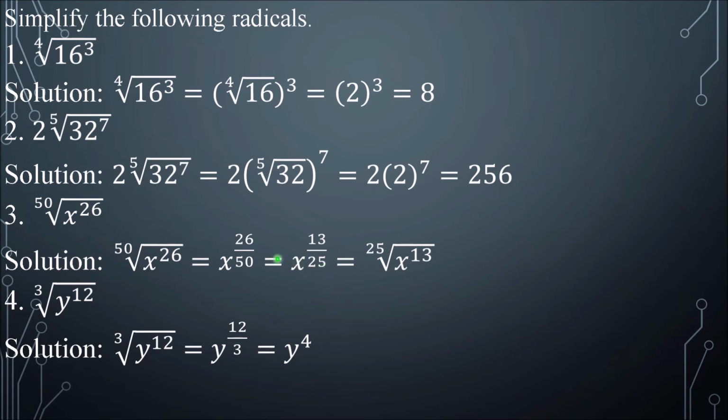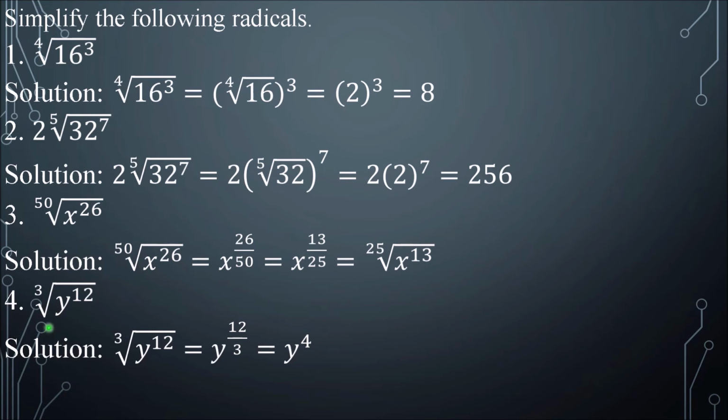So the lowest term of 26 over 50 is 13 over 25. Now this will be turned back to a radical expression. So denominator is 25, index is 25, numerator is 13, the exponent of the radicand is 13. So that's the simplified form of number 3.